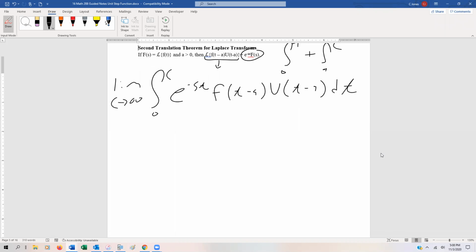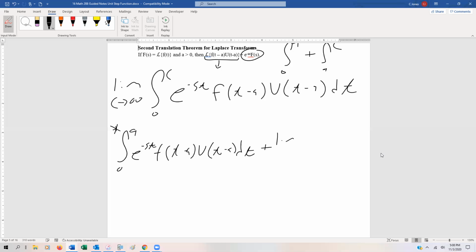So we're going to get the integral from 0 to a of e to the minus st f(t minus a) u(t minus a) dt, and then plus, now we're going off to infinity, and this is a finite integral, so we say the limit as c approaches infinity of the exact same integral, except that it goes from a to c, e to the minus st f(t minus a), and I'm going to sneak in the unit step function u(t minus a) dt.